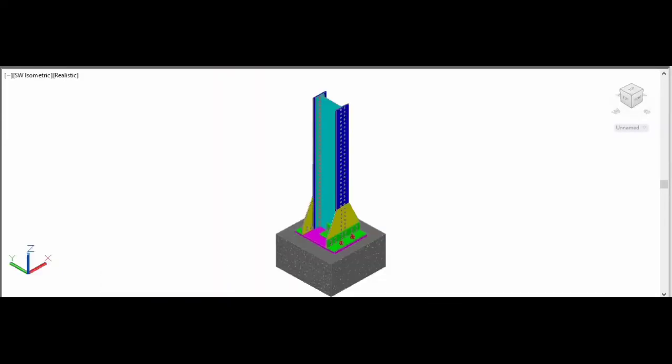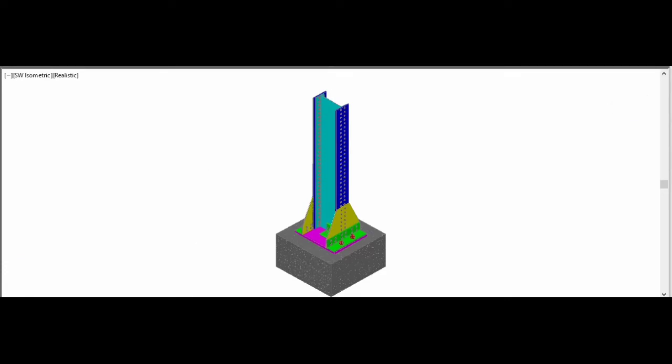We'll take up this in the chapter on design of slab bases. We'll come back to this session once again. We'll have a view of this model once again in design of slab bases. So this is the typical isometric view of the column section.